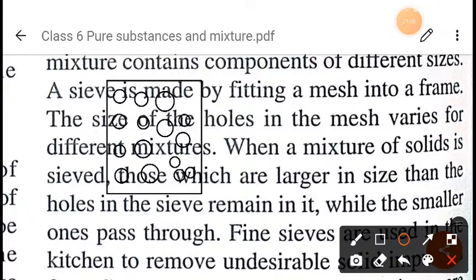Here, especially, we will see the wheat flour, atta, that we say, right? When you put the atta here and shake it, whatever impurities are present in that wheat flour will stay here, and the fine atta or wheat flour will go downward, like this.